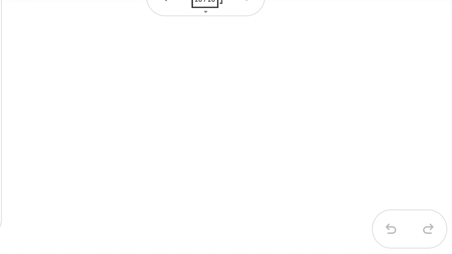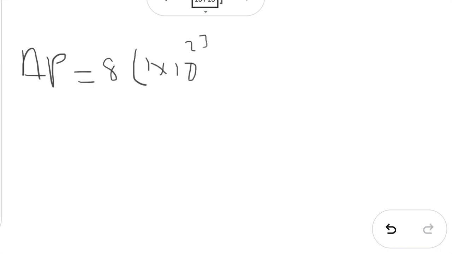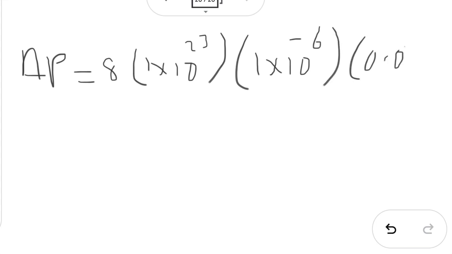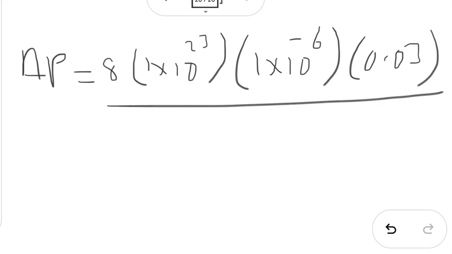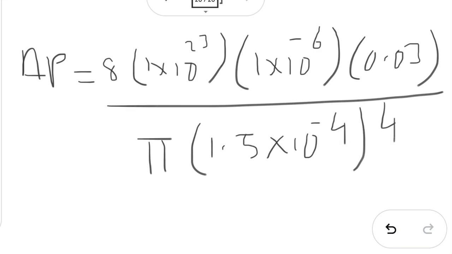So the pressure difference is equal to 8 multiplied by 1 times 10 to the power 23 multiplied by 1 times 10 to the minus 6 multiplied by 0.03, over pi multiplied by 1.5 times 10 to the minus 4, to the power 4.